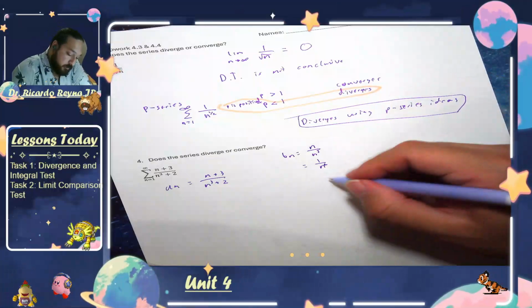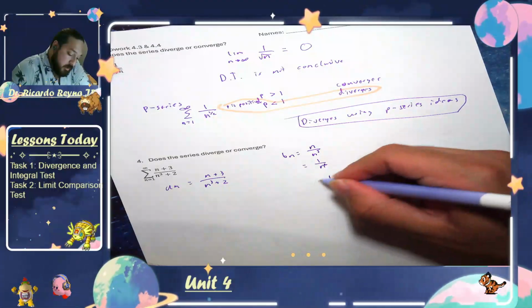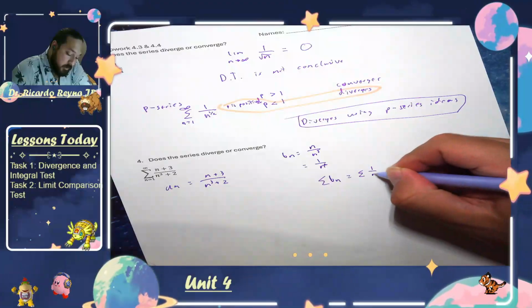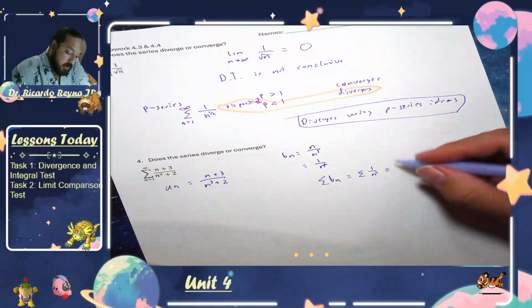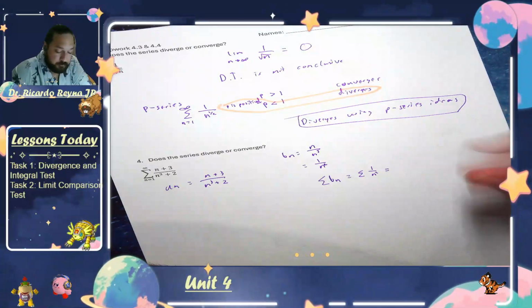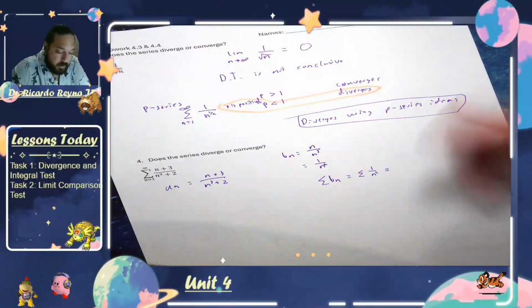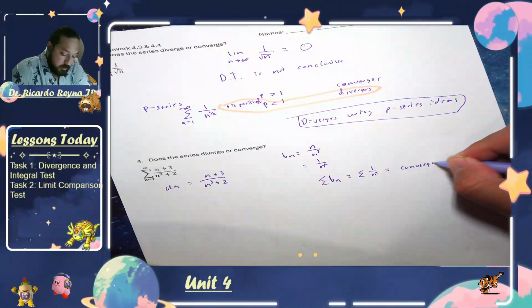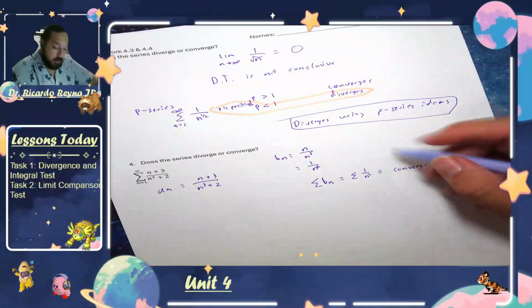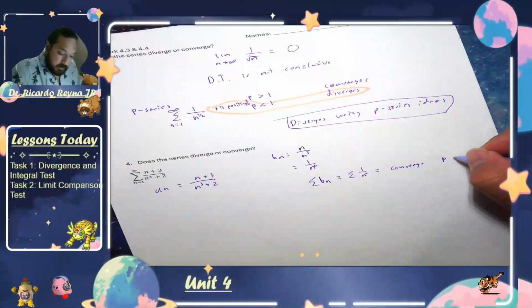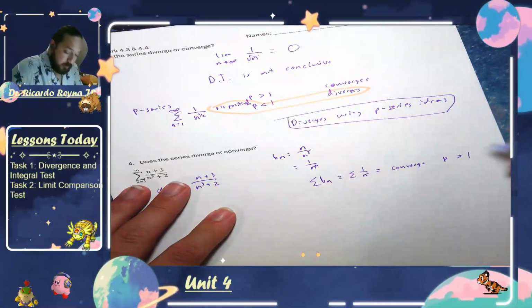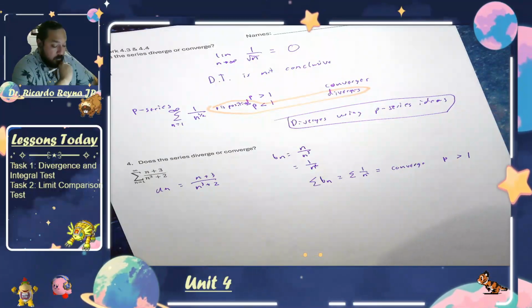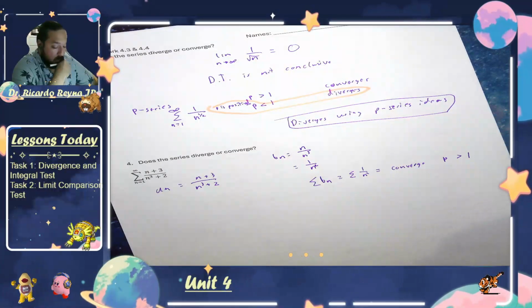Now here, the sum of b_n, which is the sum of 1 over n squared, is going to converge because p is greater than 1.